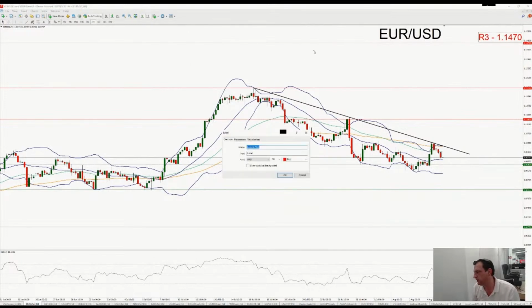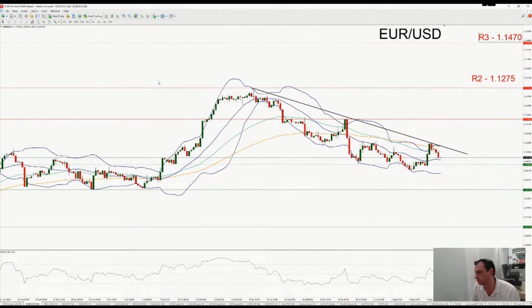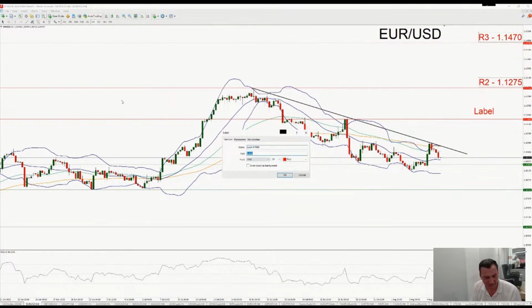Place second resistance line at 1.1275. First resistance line at 1.1140.